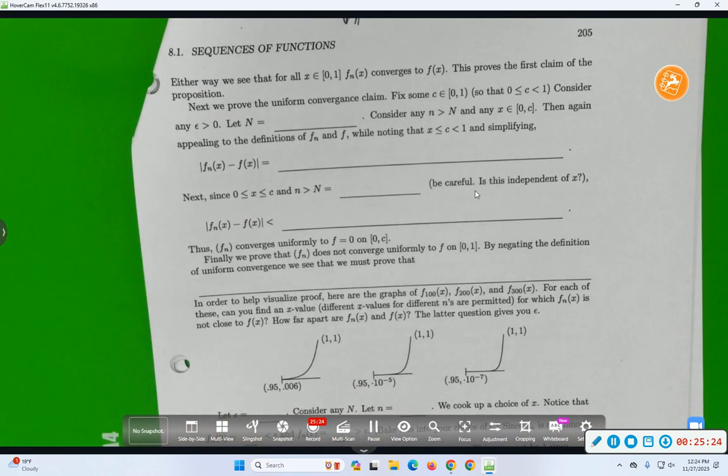Remind me what that means. I guess flip to the previous page if you got it. So the idea is just to get big N to not depend on x.